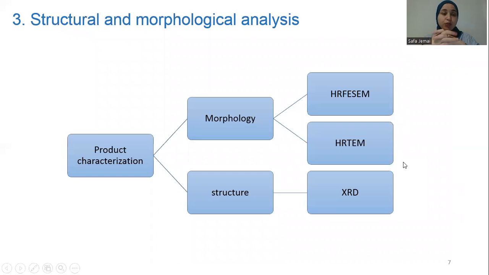To study the structural and morphological properties of our samples, we used high-resolution FESEM and high-resolution TEM for the morphology and XRD for the structure.